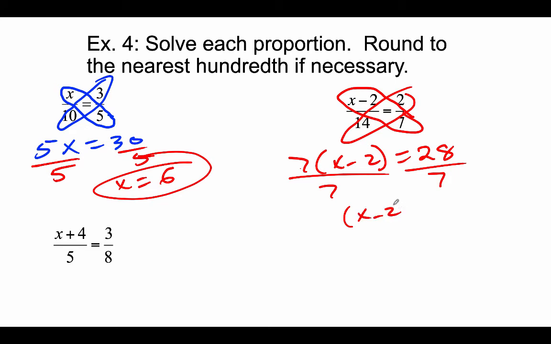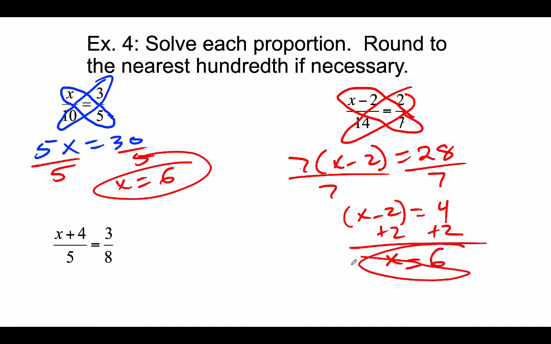And some of you are sitting there like, can I just do 14 times 2 divided by 7 is equal to x minus 2? That's exactly what I did. And I get 4. I go plus 2, x equals 6. Whoa, why did I do that? It's 6. I know it's 6. 6 minus 2 is 4. 4 over 14 equals 2 over 7. You can check your work.